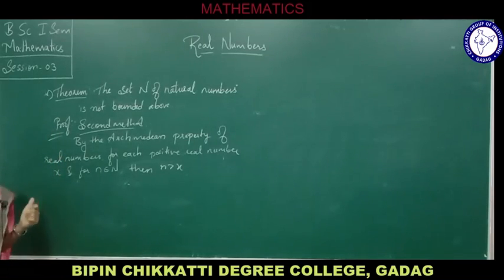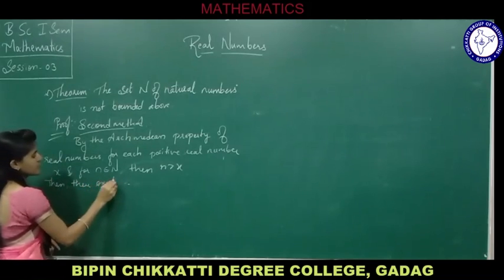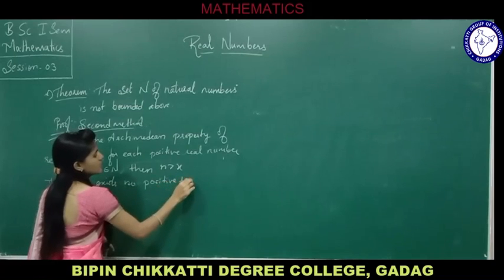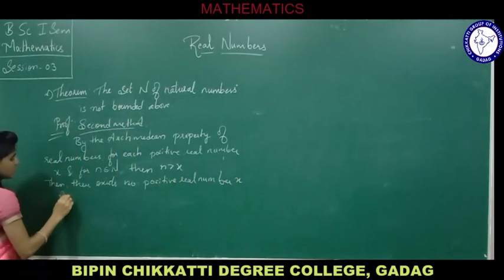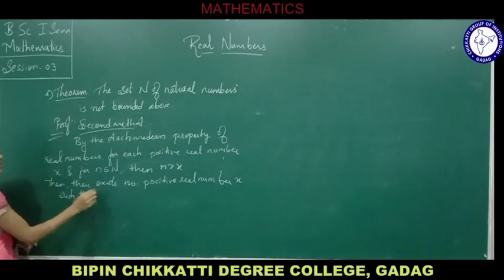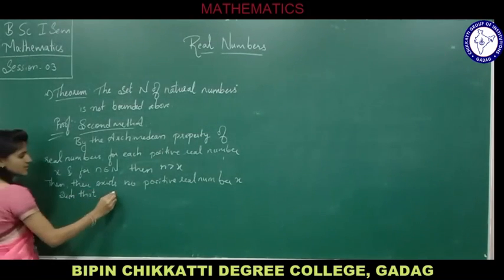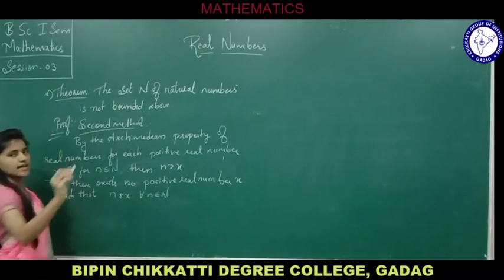Hence, there exists no positive real number x such that n is less than or equal to x for all n belongs to this set of natural numbers.